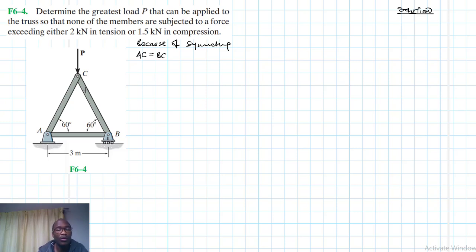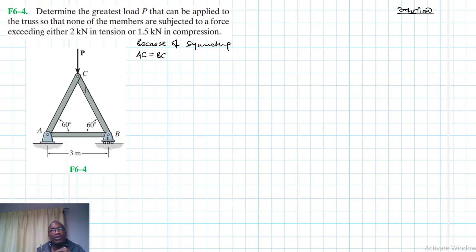So there is an or, all right? And these two conditions, we need to check them. So we don't want tension to exceed 2 kilonewtons. We do not want the compression to exceed 1.5 kilonewtons, all right? These two conditions. So we need to check them one by one.